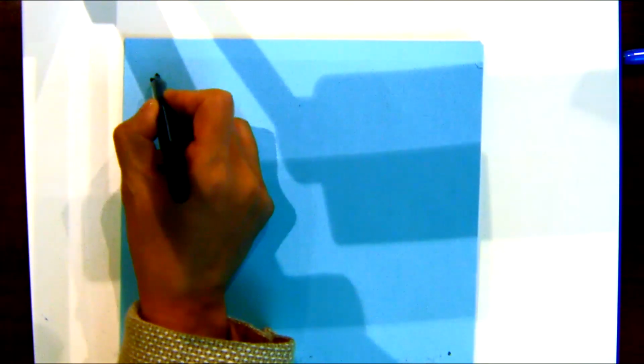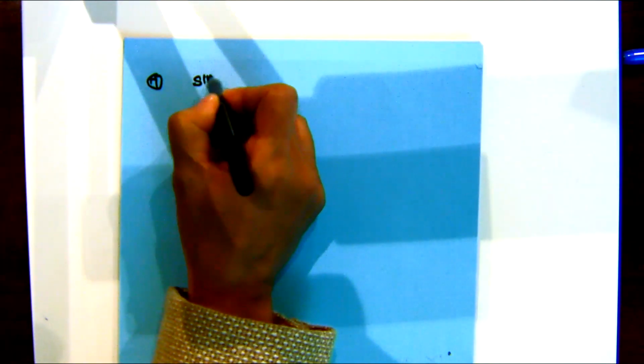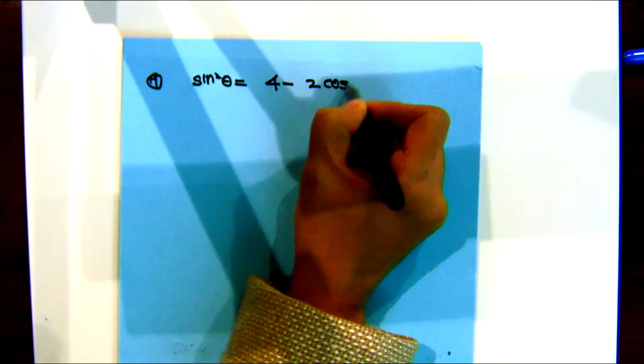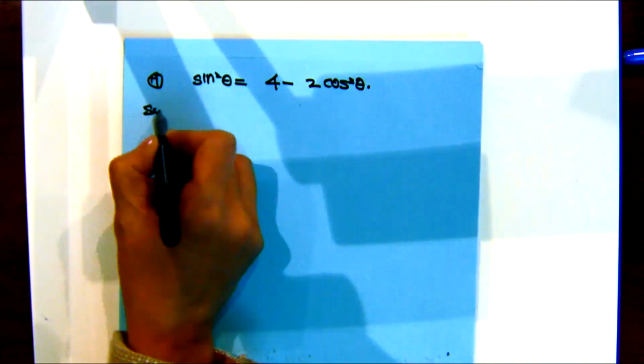The next problem is about sine squared theta equals 4 minus 2 times cosine squared theta. The problem is a little bit harder in the sense that the left side and right side contain the same degree, a second degree, without a common factor, because those are different functions.